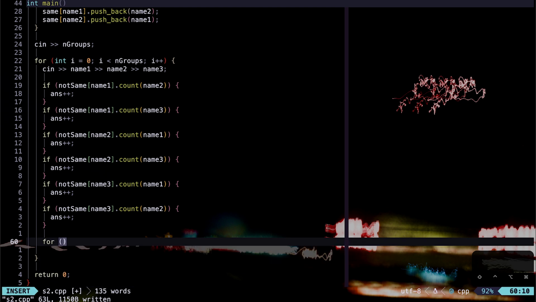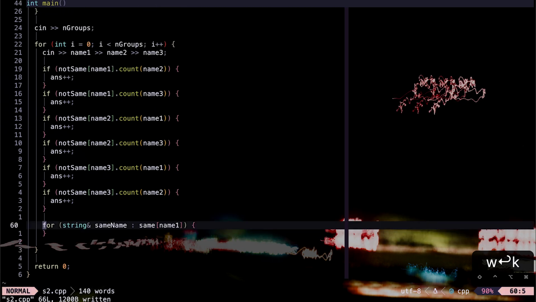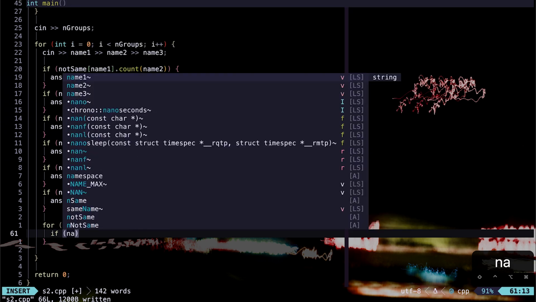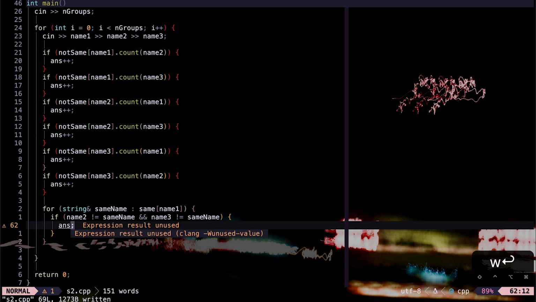And we can just loop through the same of name 1, and if name 2 is not equal to the same name, and name 3 is not equal to the same name, then answer increases.